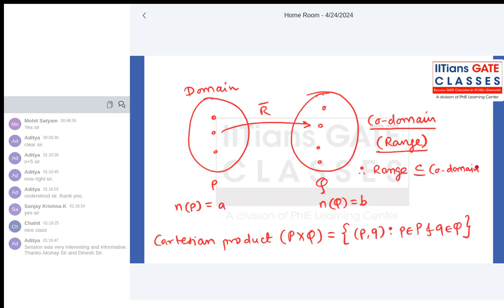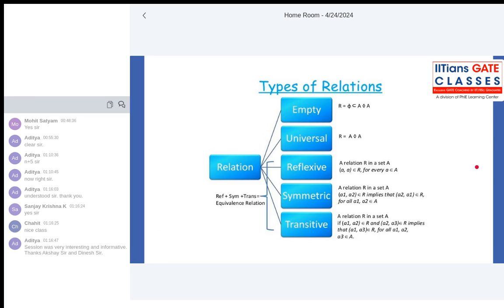Between set P and set Q, there are different types of relations that can be defined. The important thing here is you should pay attention to the last three, because empty and universal relations you can understand easily, but reflexive, symmetric, and transitive are the main types of relations.